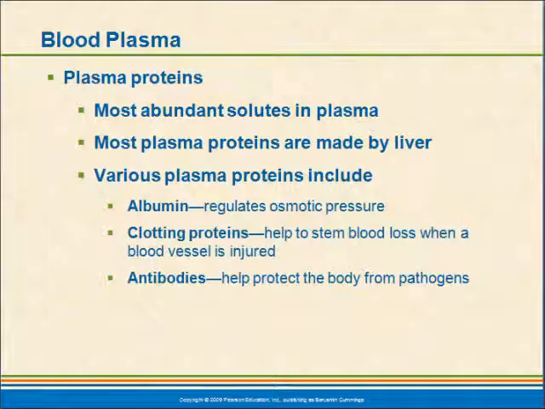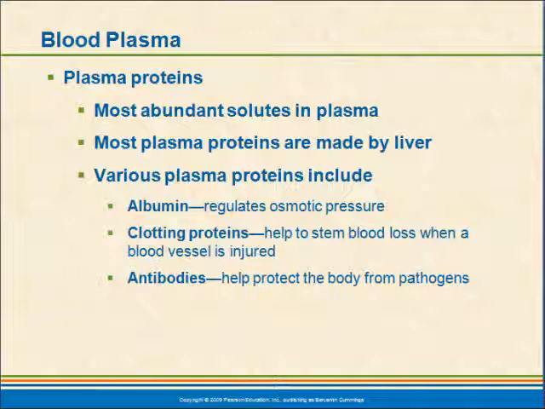Now, plasma proteins. We have several. These are abundant in the plasma, more abundant than all of the other solutes. Plasma proteins are made by the liver, and there are a couple that are very important to us. Albumin, which is a protein that's also in egg, actually, regulates osmotic pressure.